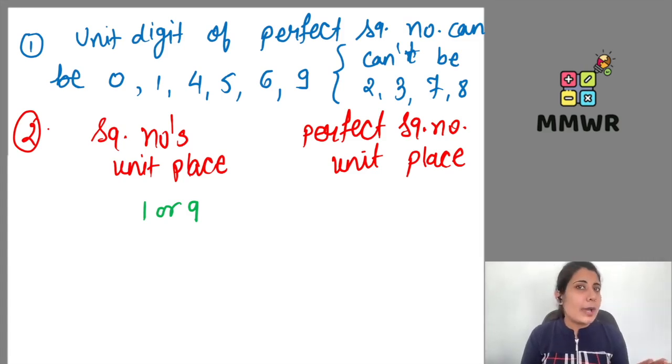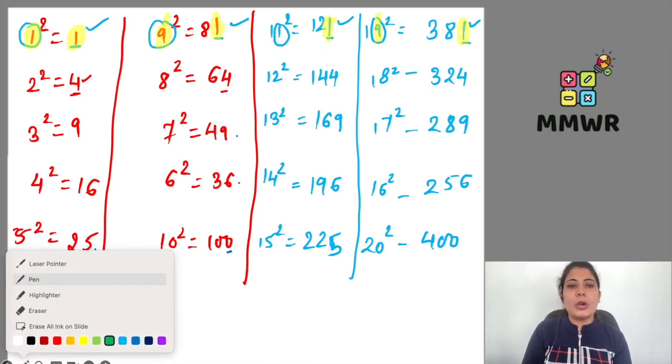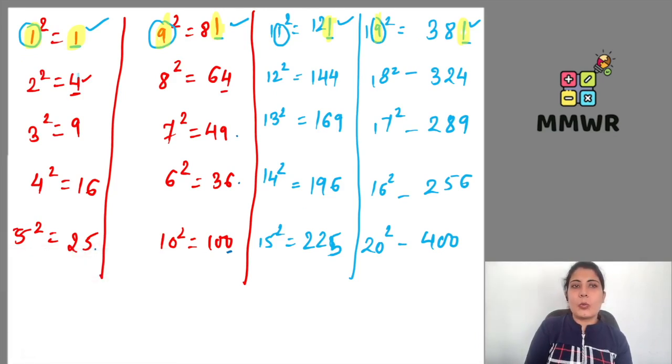If you look at the square of 21, you will be getting 441, right? So in the same way, whenever you have 1 or 9 at the unit place, the unit digit of the perfect square is going to be 1 only. In every case, either it is 1 or it is 9, it will end up with this 1 at the unit place.